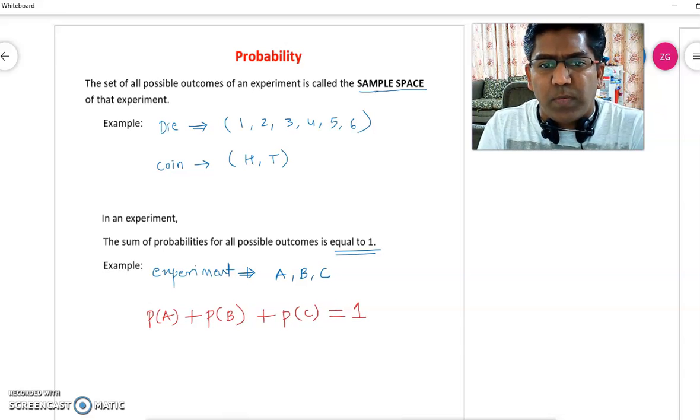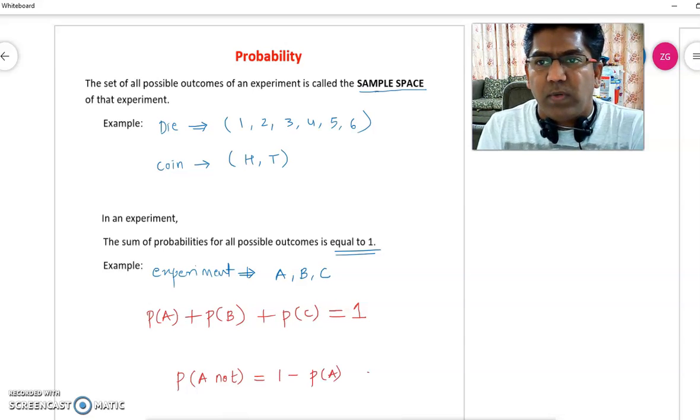So this is the same property that we used for finding a probability does not happen. If you want to find the probability of A not taking place, it is 1 minus probability of A. Let's have a look at some example.